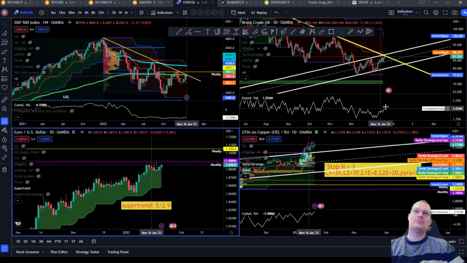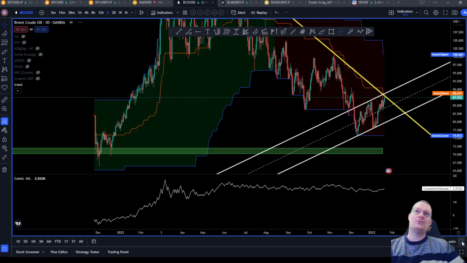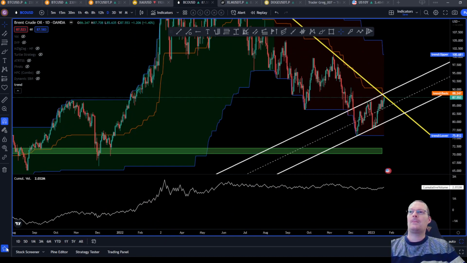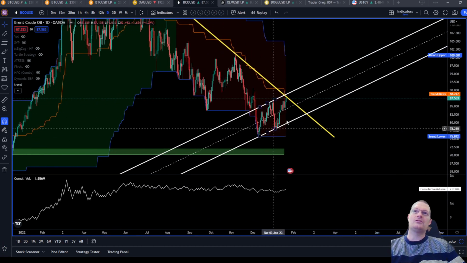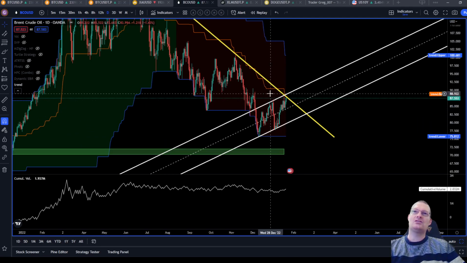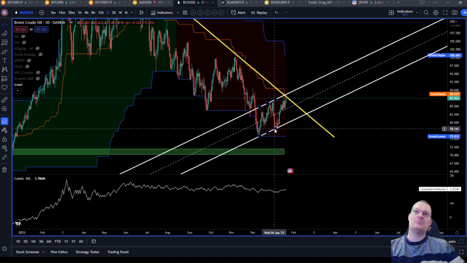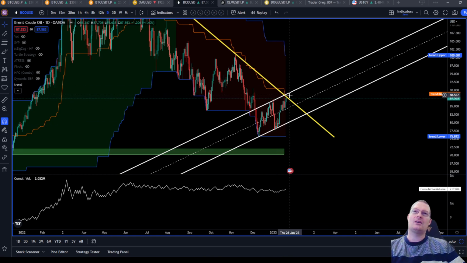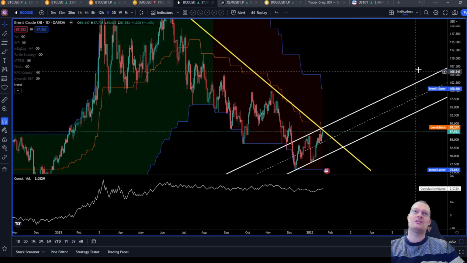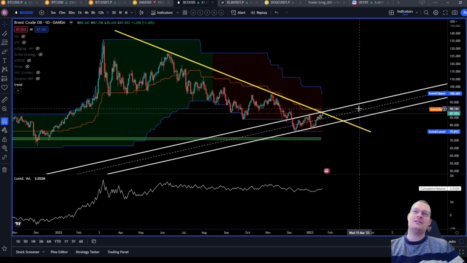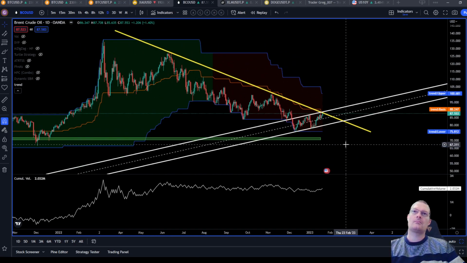So crude oil. Here we are also in this upsloping channel. Bottom, resistance, bottom. Now we're back at resistance. We also have this yellow trend line as resistance.